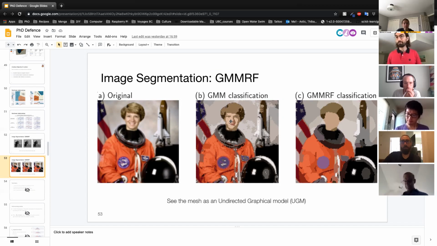But as I showed Nick at some point, he pointed out that, for example, the eyes that are still visible in the inversion in the GMM here are not visible anymore here. So you have a balance between spatial continuities and small features. I still have a lot of work to do on that side, but that's where I'm hoping to head next. Yeah, the spatial continuities, that's very interesting. Yeah, thanks.